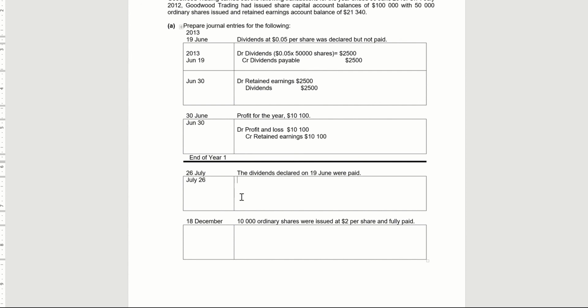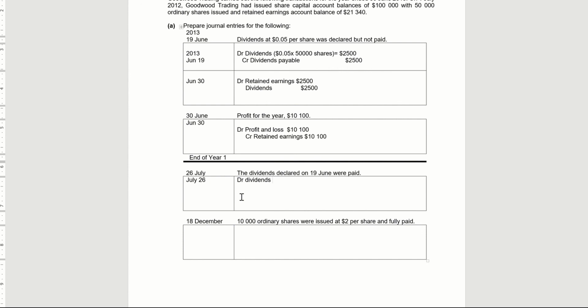So now you think, should I debit dividends or should I be debiting dividends payable? Since the dividends was not declared on July 26, we are not declaring and paying dividends on July 26.